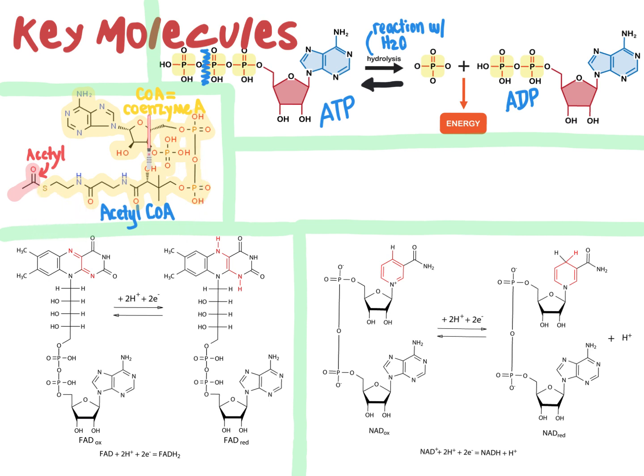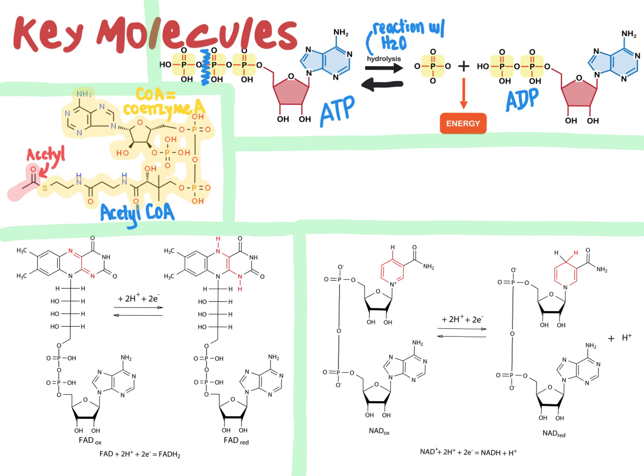The rest of this molecule, called coenzyme A, is the carrier and is recycled over and over again, carrying various acetyl groups into the process of catabolism. Down at the bottom here, we have a couple of different types of molecules.